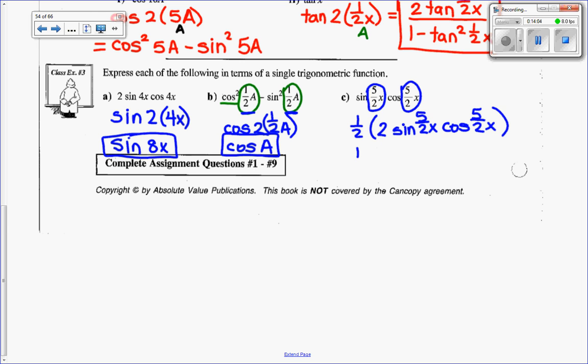Okay, so that's half of... well, 2 sine 5x cos 5x is sine 2A, right? Half of sine 2A. Well, what's our A? 2A.